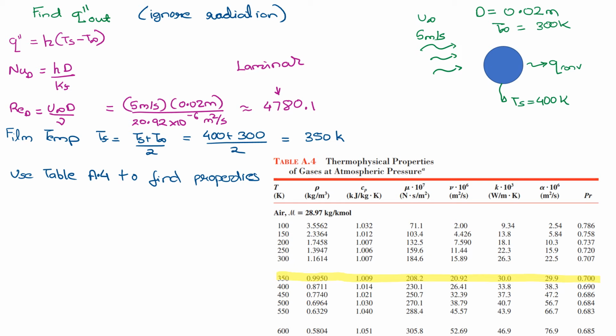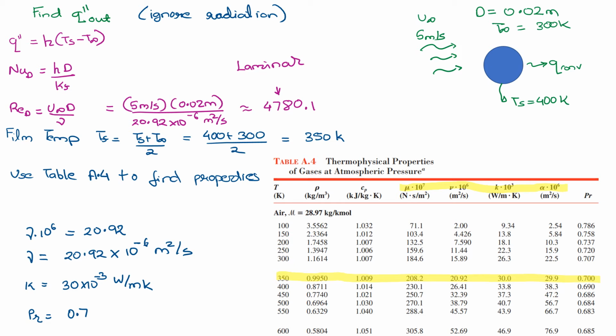There is one more thing you must be careful about while reading this table: these parameters are already multiplied by a factor of 10 to the power 7 or 10 to the power 6. So for viscosity, you will read nu times 10 to the power 6 equals 20.92.